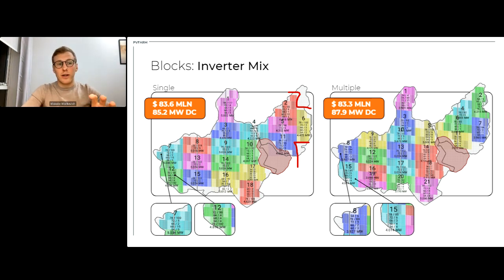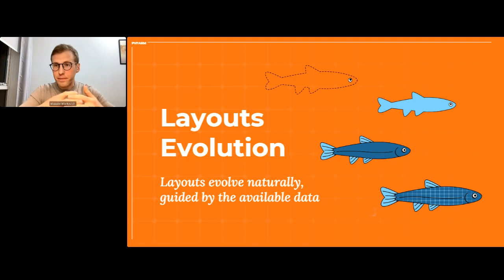Okay, so that's a bunch of examples where we try to show different layout features and visually explain what those mean. Now we're gonna talk about how layouts evolve. Typically layouts evolve naturally, guided by available data and decision-making at each stage.